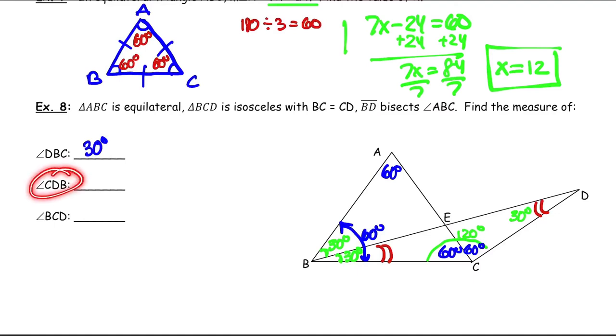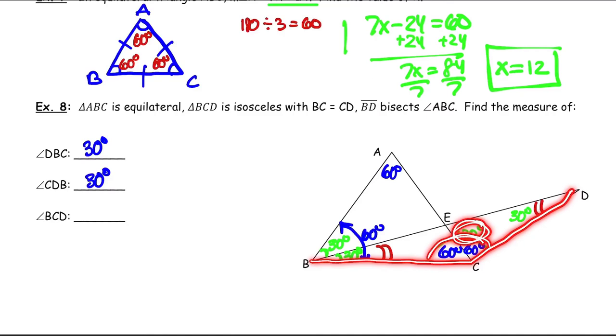Next, we have CDB. Yep, I found that one. That one's also 30. And then the last one, BCD. Yep. Remember, that's the whole angle there. That was the 120. So I've got everything I need. Don't need to find anything else.